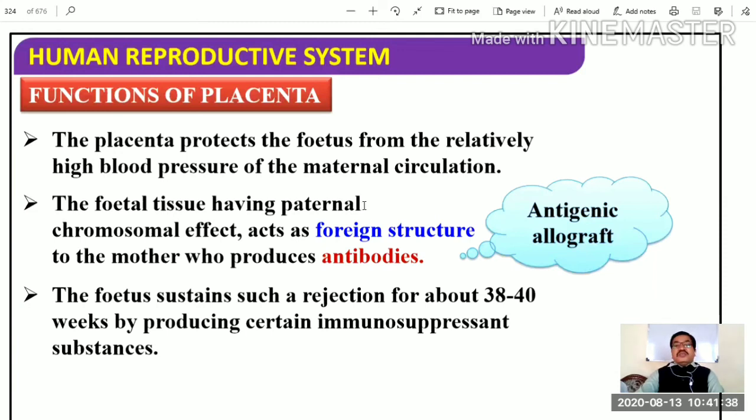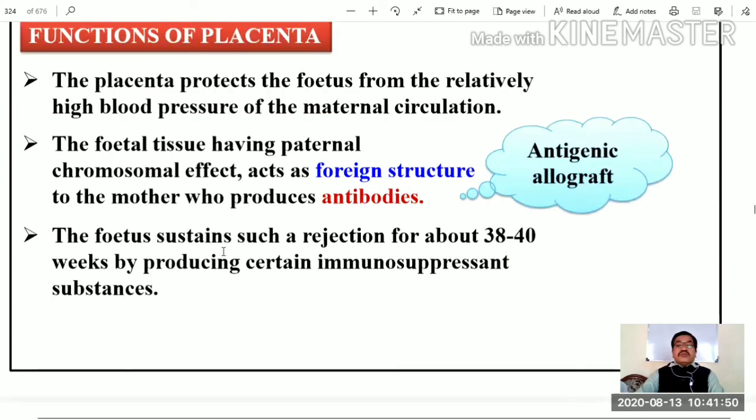That is called the antigenic allograft. Remember this word, antigenic allograft, produced by the females, that is the mothers. The fetus sustains such a rejection for about 38 to 40 weeks by producing certain immunosuppressant substances. So the fetus develops the capacity to suppress the immune response down.